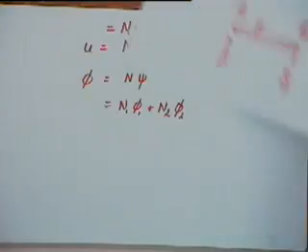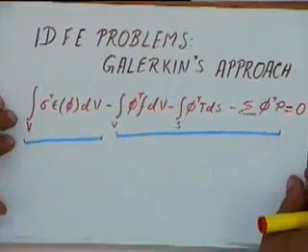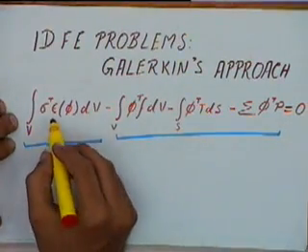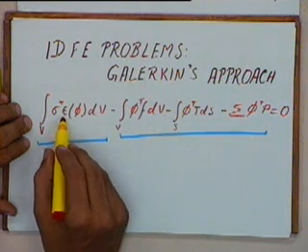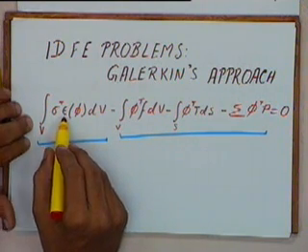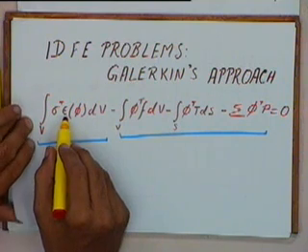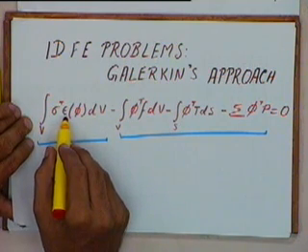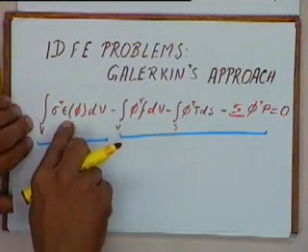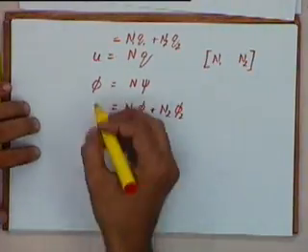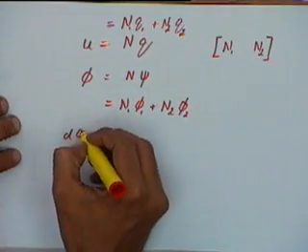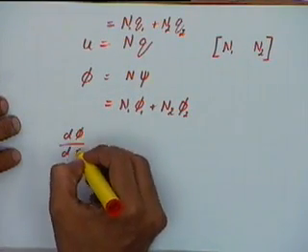Okay. The next step, if you notice, the first term that we have here has a term of epsilon of phi, and we said that this epsilon is the strain that will be caused by the virtual displacement that we are giving. So this strain caused by the virtual displacement will be nothing but d phi by dx.